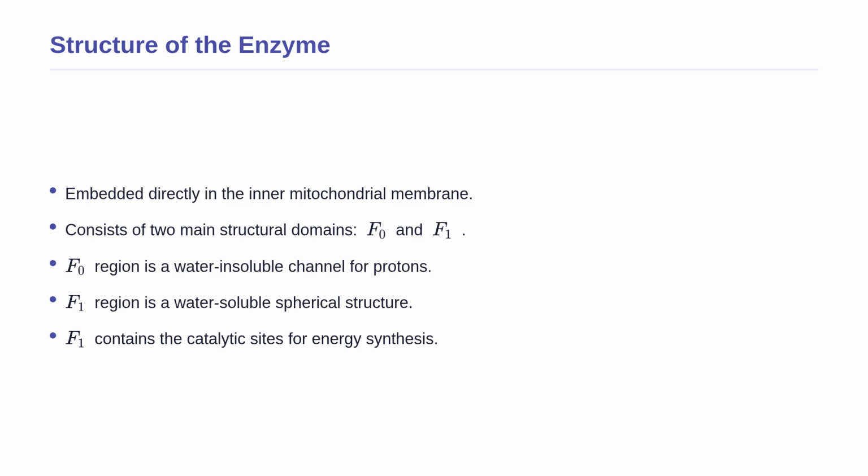The F0 region is a water-insoluble channel embedded directly inside the membrane, acting as the pathway for protons to flow. The F1 region is a water-soluble, spherical structure that protrudes into the mitochondrial matrix, and this is where the actual catalytic sites for energy synthesis are located.